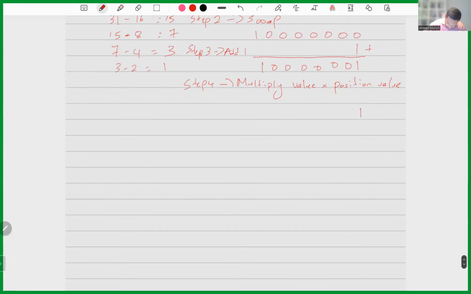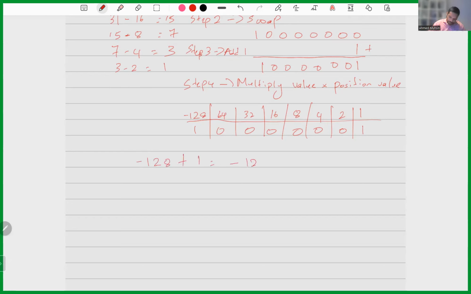So we have 1, 2, 4, 8, 16, 32, 64, minus 128. If we write it 1 0 0 0 0 0 0 1, and you multiply minus 128 plus 1, you would definitely get minus 127. So this is how minus 127 is represented in binary using 2's complement.